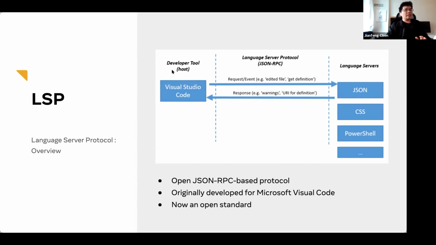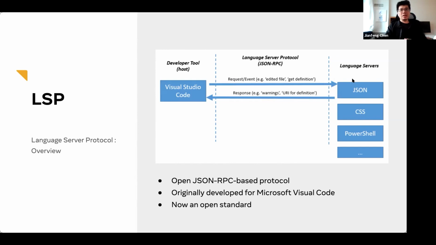The developer host sends some LSP JSON, for example a request or an event, to the language server, such as when people move a cursor to a token, the host will send a hover request for some token at char X of file Y to the language server.